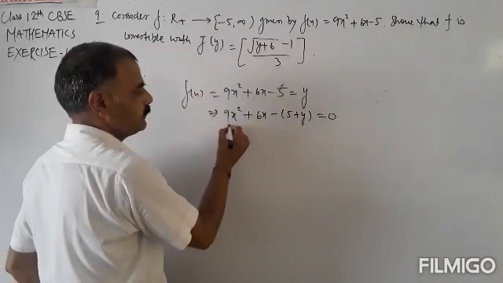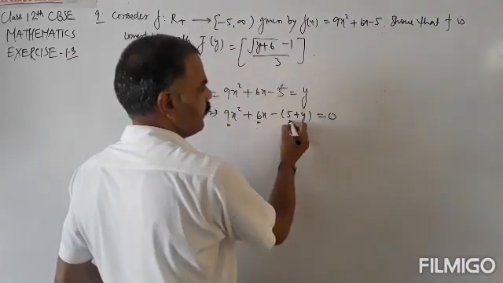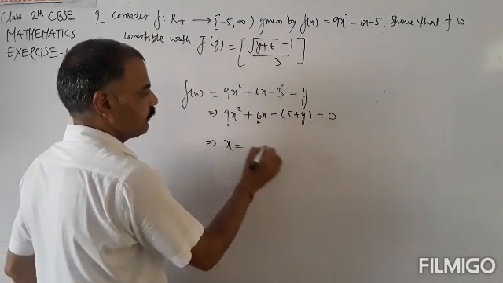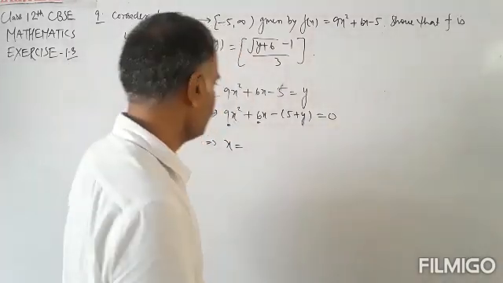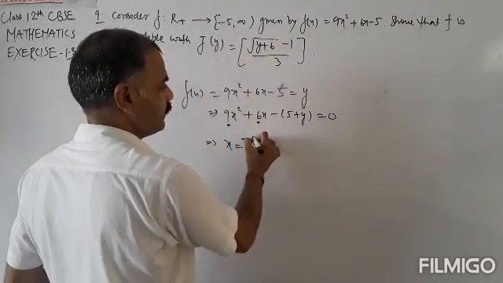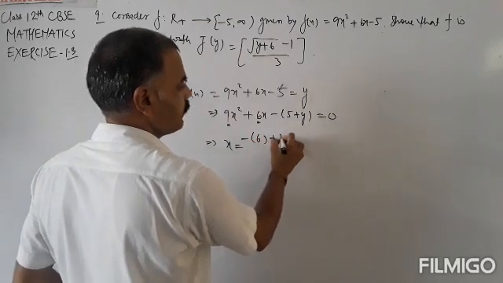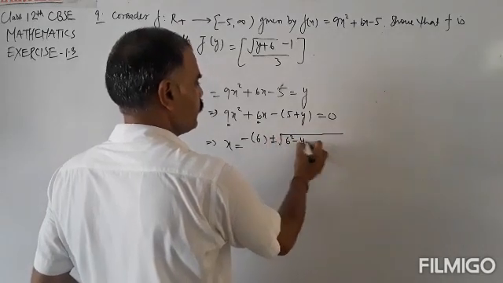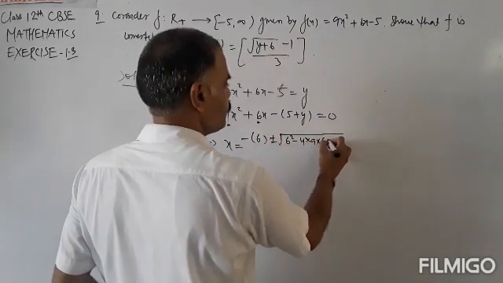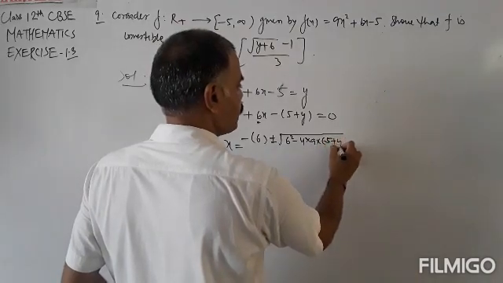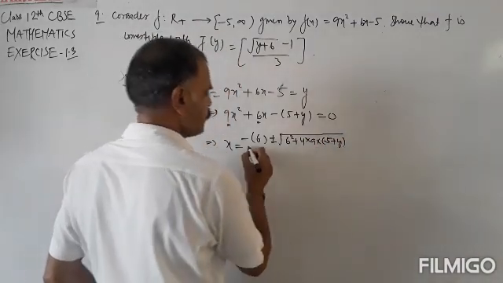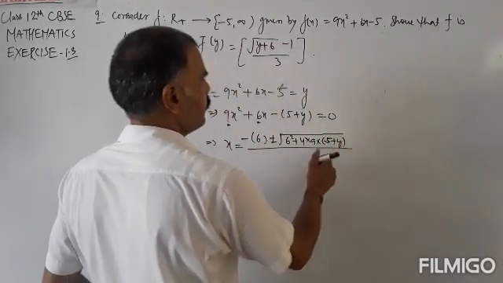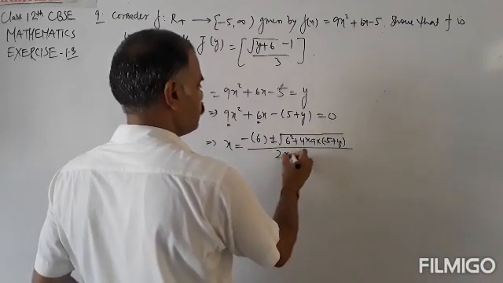This is the coefficient of x square, the coefficient of x, and 5 plus y is constant. So using the quadratic formula, x is equal to minus b plus minus under root b square minus 4ac upon 2a, and 2 into 9.